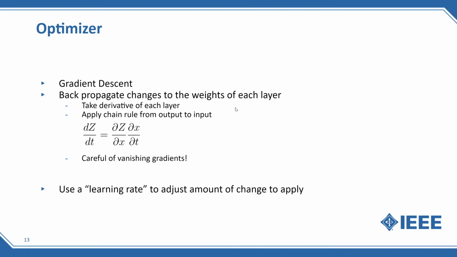Then you have to pick an optimizer. Most people are pretty familiar with a gradient descent algorithm for any sort of optimization, and that works here too. The way that works is it takes the derivatives of each layer and it uses the chain rule to calculate how much each layer changes relative to its inputs. And then it takes the loss calculation you get and it works backwards to adjust the weights to try to minimize that loss.